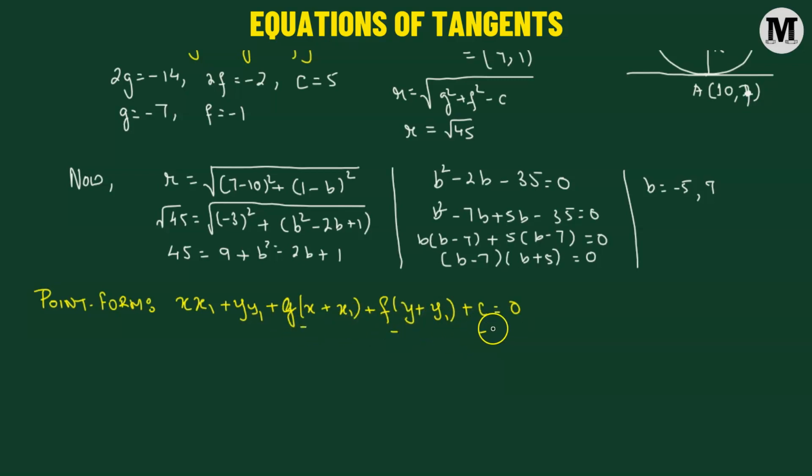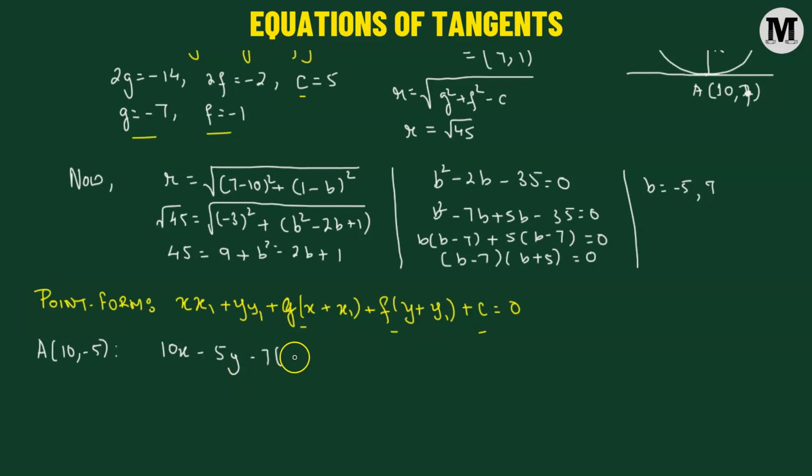So here g, f and c will be the values that we obtained from the circle, and x1 comma y1 corresponds to the point of contact. So let's begin with the point of contact A, where we obtain the coordinates as 10 comma negative 5. So that means x1 will be 10 and y1 will be negative 5. So we're going to get 10x minus 5y plus g. So g value is negative 7.